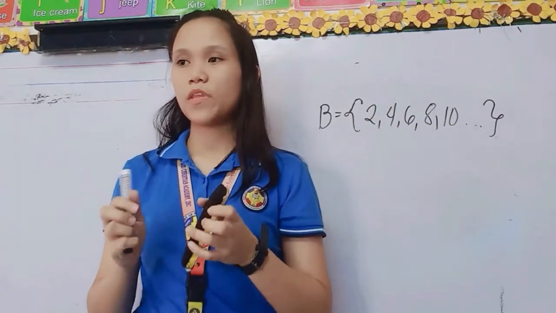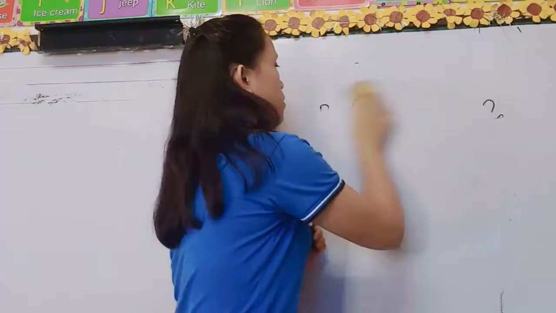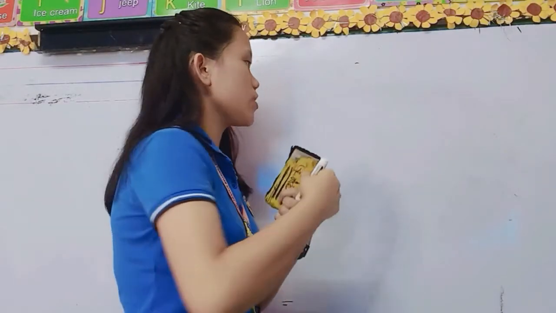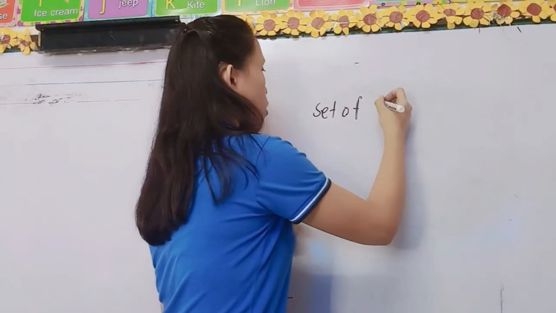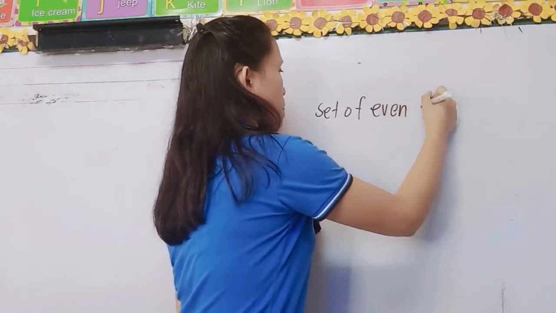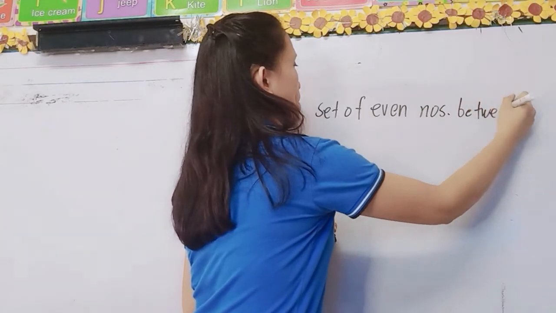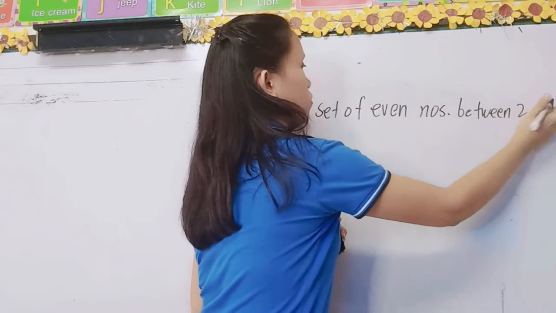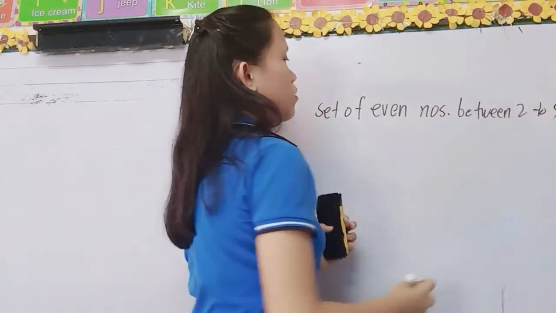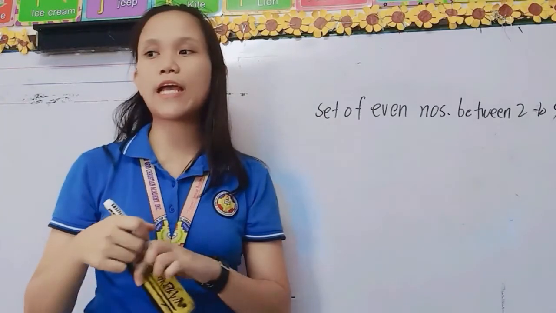Then, another example is the set of even numbers between 2 to 4. So the set of even numbers between 2 to 4 belongs to the third kind of set.